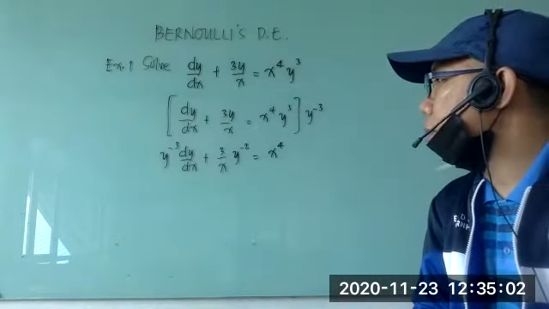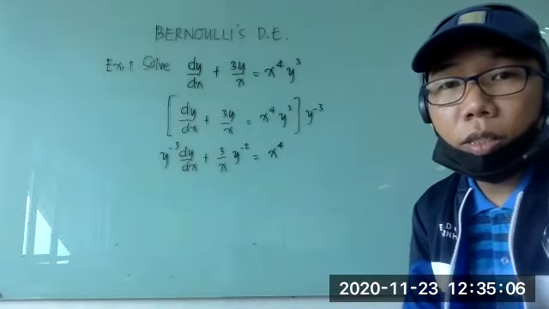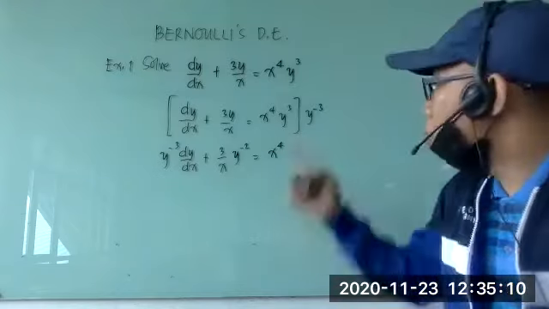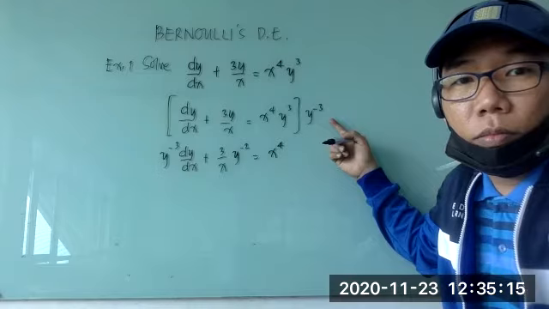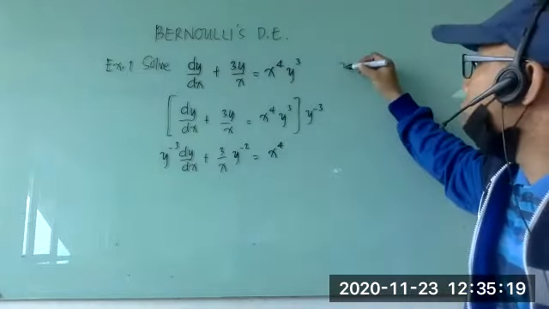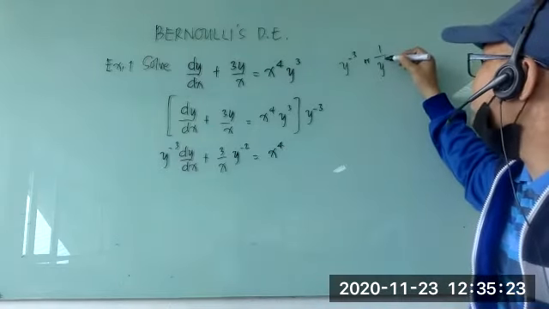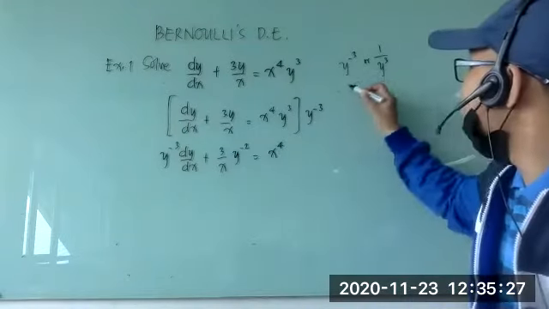Why negative? Y raised to negative 3? So I said earlier that you can actually multiply by y raised to negative 3, or 1 over y raised to positive 3. They're the same, right?